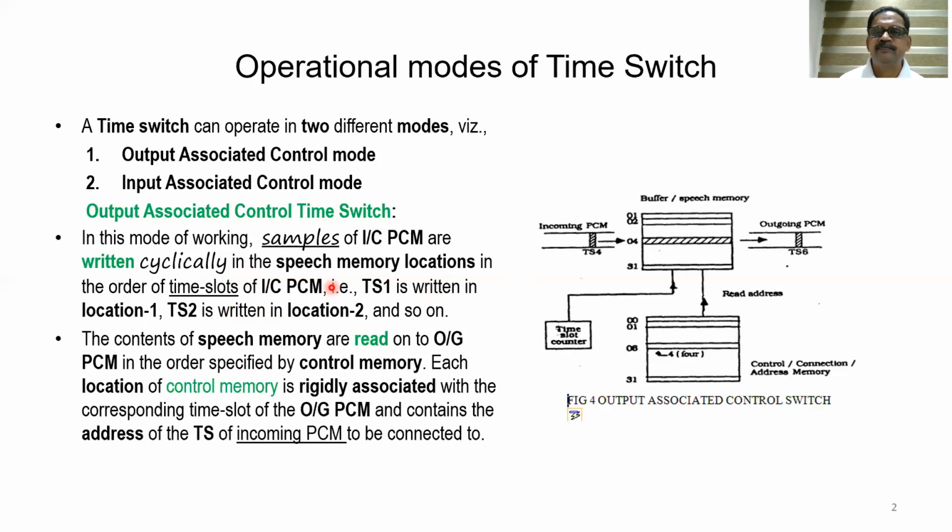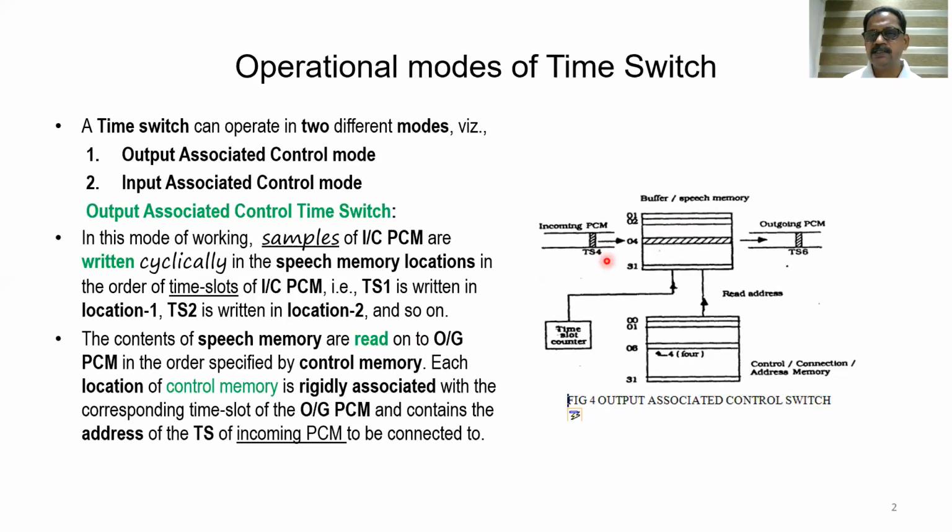So the information available in the time slots is written in the buffer, the speech memory, in cyclic order. That is, the information of TS1 is written in location 1, TS2 is written in location 2, and so on up to time slot 31.